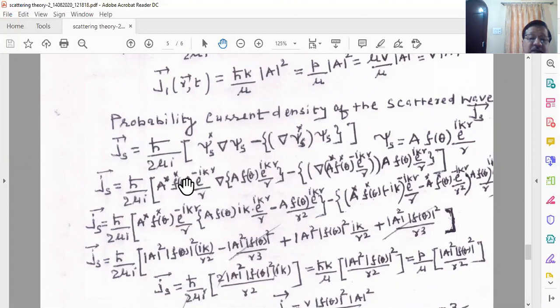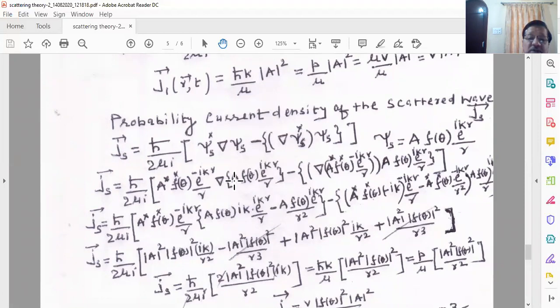So I'm keeping this step as it is: A star f star theta e to the power of minus i k r over r. Now this is the space derivative with respect to r, because this is a function of r. You see there are two functions, e to the power of i k r and 1 over r. First, I differentiate e to the power of i k r and keep 1 upon r constant. So this is basically differentiation del by del r.